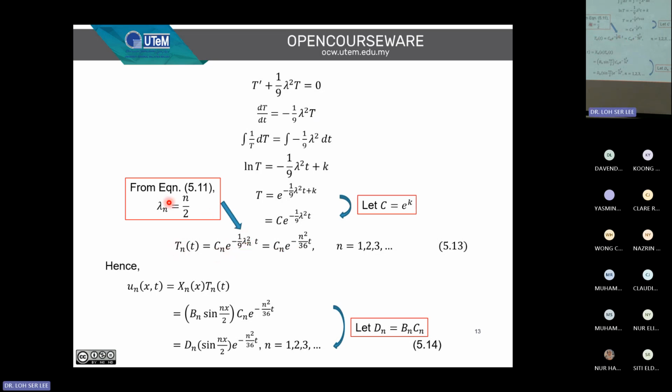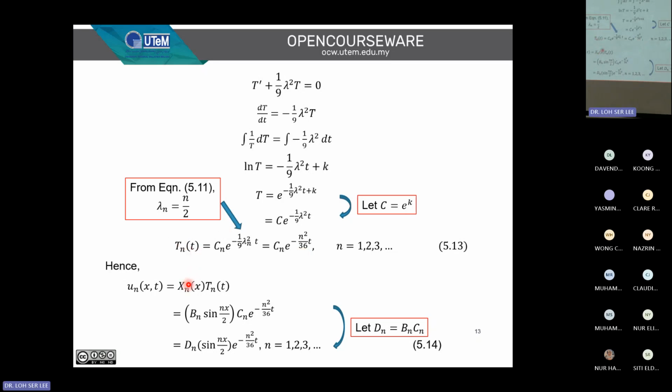So we substitute lambda n over 2. This is lambda square, right? So we square this one, you have n square over 4. So n square over 4 times 1 over 9. Then you get n square over 36.